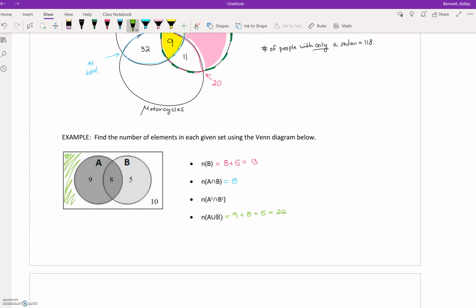Because if I'm in this outside white area, then I'm not in A, and I'm also not in B. And notice that we have the number here in the bottom left corner that tells us exactly how many elements are in that set, which is 10. So this is not A and not B.